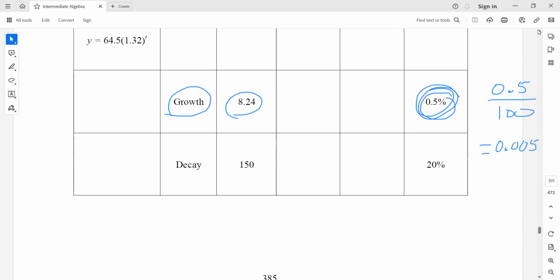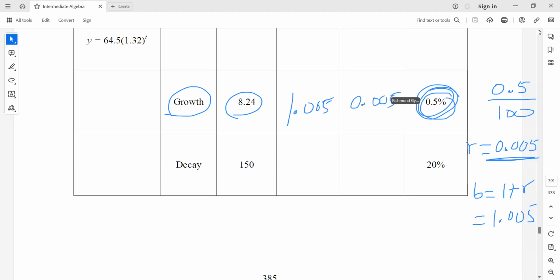So remember, we are looking at a growth rate. So if this is our R, then B is going to be 1 plus R, which is 1.005. So I put it in here, 1.005. And then our R in decimal form is 0.005.